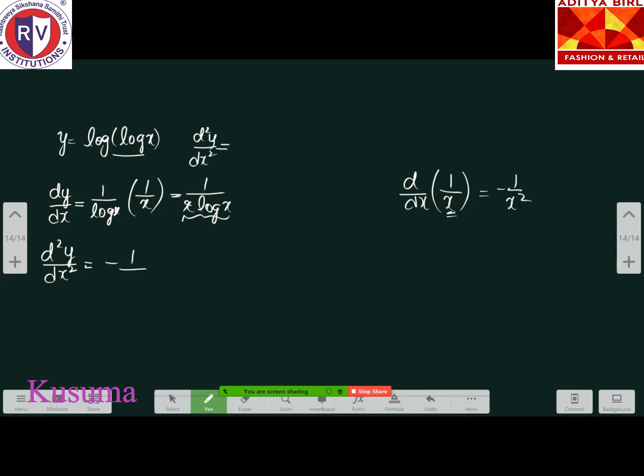So this is minus 1 by x log x whole square into differentiating x log x will give us x into 1 by x plus log x into 1, which is minus 1 by x log x whole square into 1 plus log x.